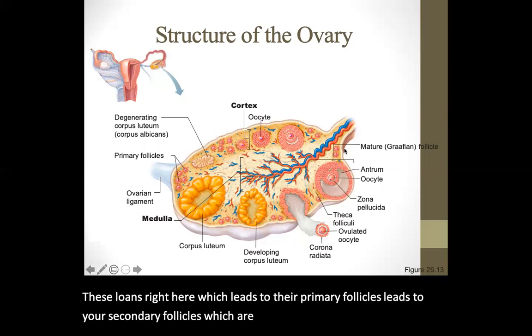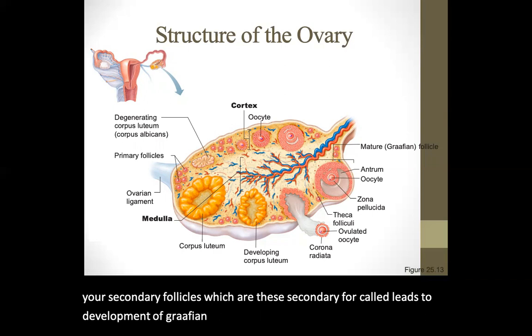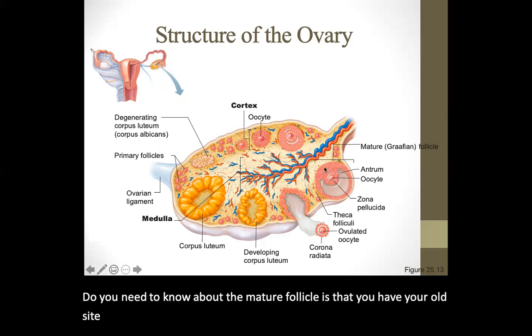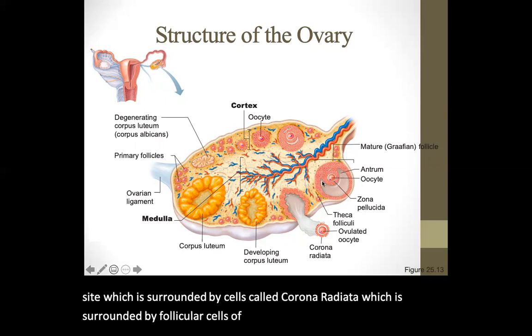Secondary follicles lead to development of the Graafian or mature follicle. What you need to know about the mature follicle is that you have your oocyte, which is surrounded by cells called corona radiata, which is surrounded by follicular cells. And you also have the cavity filled with fluid referred to as the antrum.